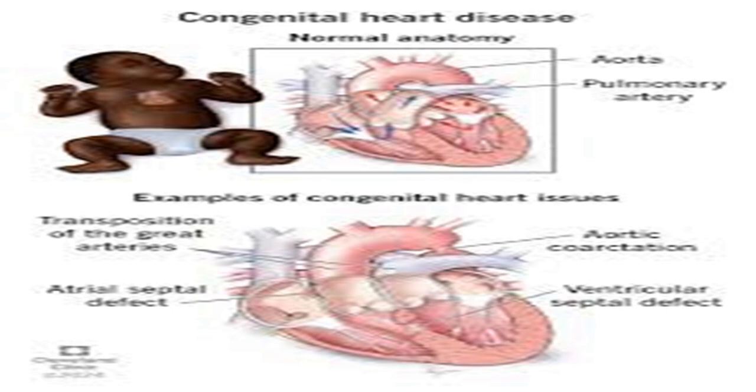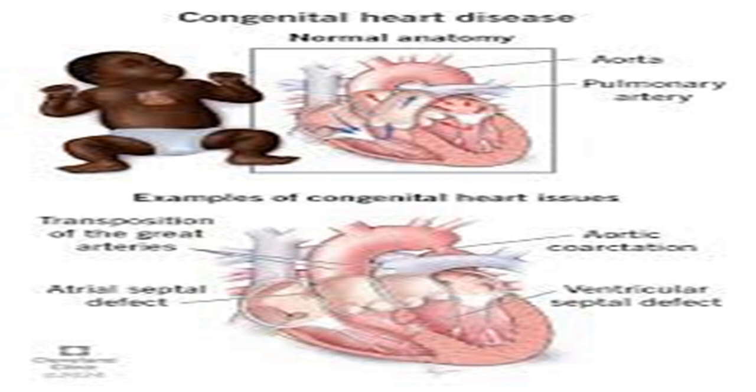In less severe cases, symptoms may not appear until later in childhood or adulthood and can include shortness of breath, particularly during exercise, fatigue or fainting, irregular heart rhythms (arrhythmias), and chest pain. Causes and risk factors.